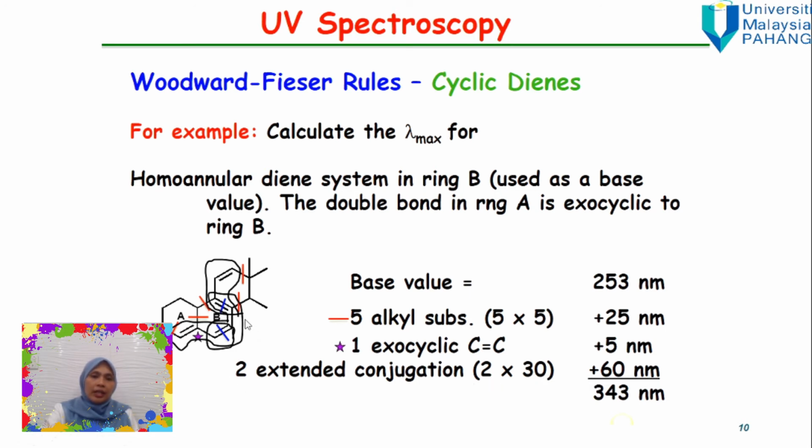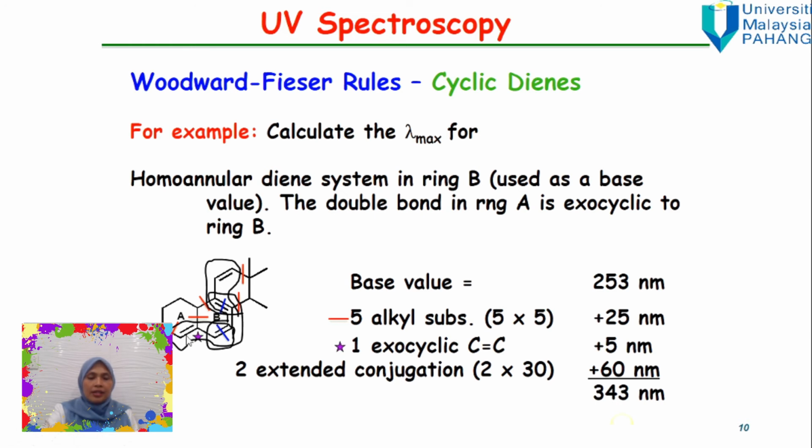So how to know the alkyl? You see the big shape here, where is the cross section? Here, 1, 2, 3, 4, 5. So 5 alkyl groups. And then how to see the isocyclic? Close your hand for this ring and see outside the ring, do you have a double bond? No. For this ring, no. Close your hand for B ring and see outside B, is there a double bond?